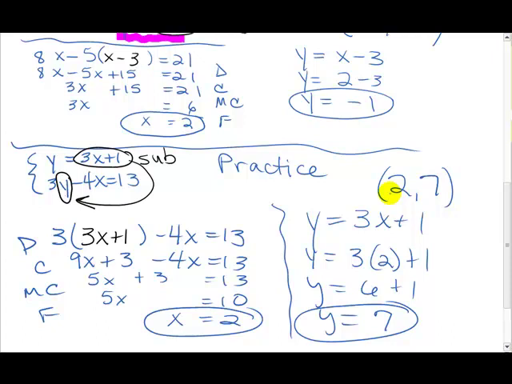All right. Well, it's going to get a little bit more difficult than that. So let's look at a problem or two where it is a little bit harder.